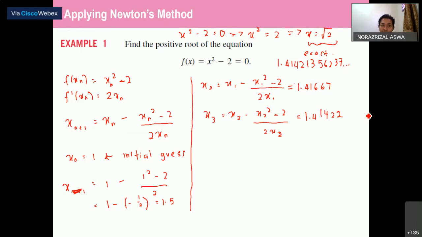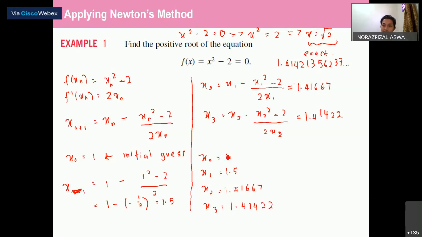So you see, we have our first guess x0 equal to 1. Then x1 is 1.5 and x2 is equal to 1.41667. Then we have x3 equal to 1.41422.